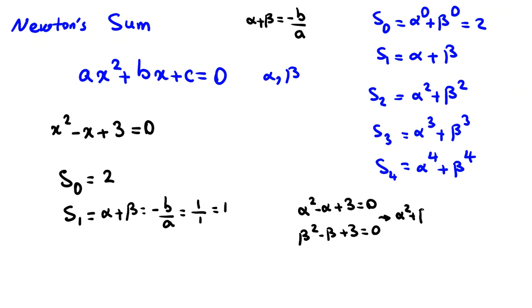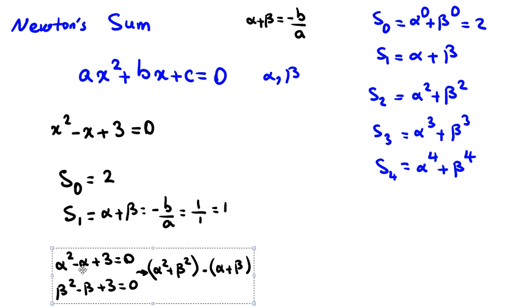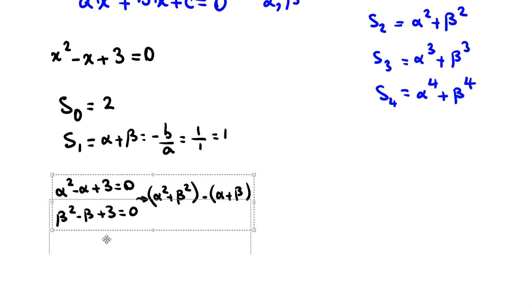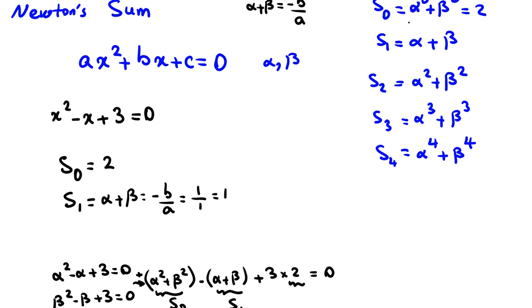Alpha squared plus beta squared, the first one, minus alpha plus beta, plus 3 times 2 equals 0 if we add. Alpha squared plus beta squared is S2, alpha plus beta is S1, and we said S0 is 2.